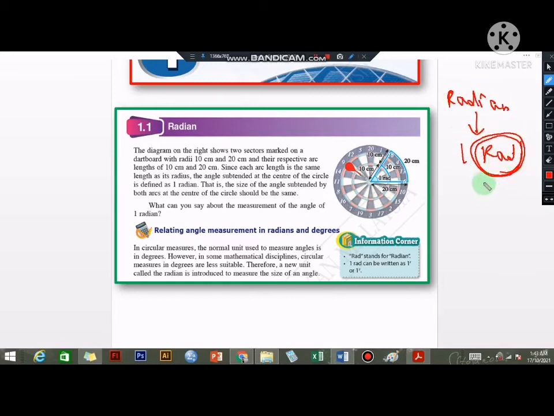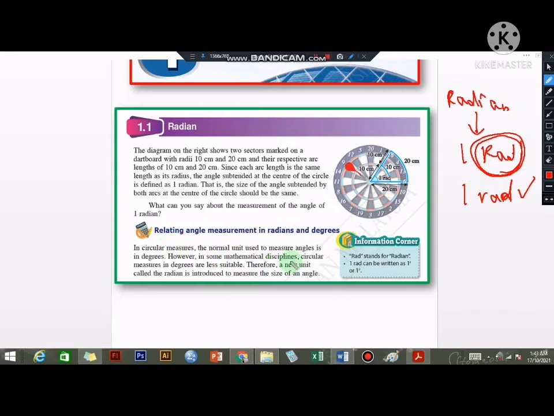Okay, one radian. So it means it represents the radian. Before this, you just knew that the angle was in unit degree, but then in add maths you learn that angle can also be in unit radian, which is the new unit.